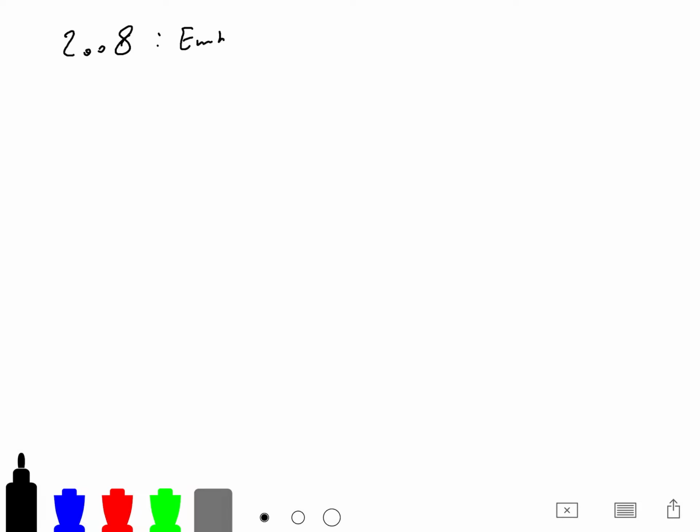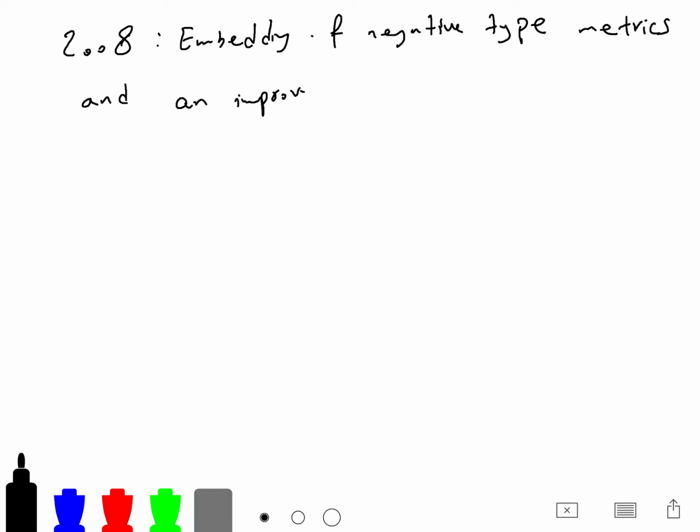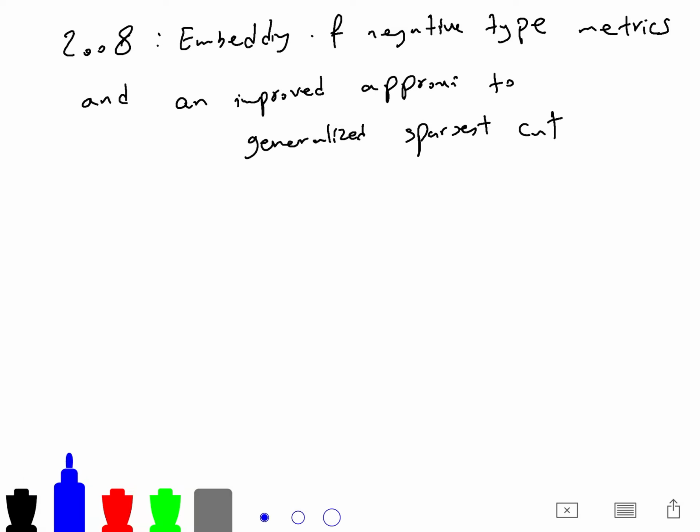It is called "Embedding of Negative Type Metrics and an Improved Approximation to Generalized Sparsest Cut," and it is written by Shuchi Chawla, Anupam Gupta, and Harald Räcke.